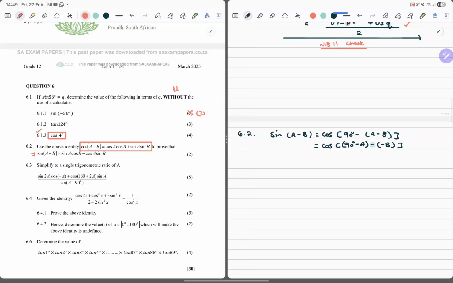And we now have exactly something similar to what we had. So it's going to be cos of the first angle, 90 degrees minus A, times cos of the second angle, which is minus B. The sign changes to sine of the first angle.